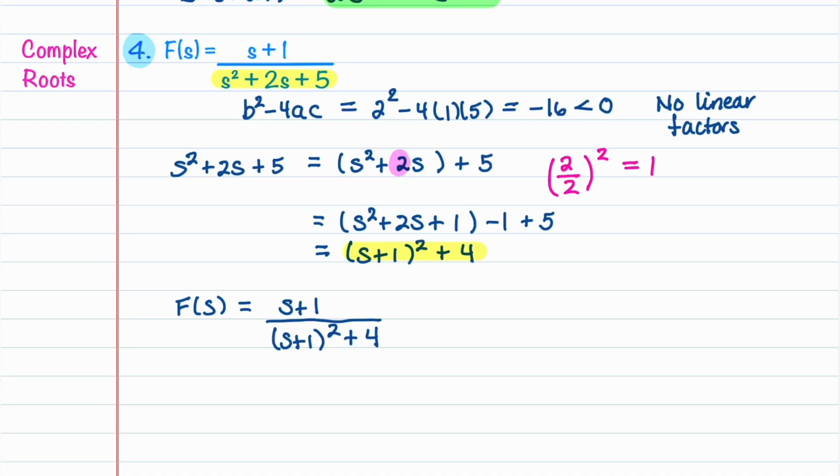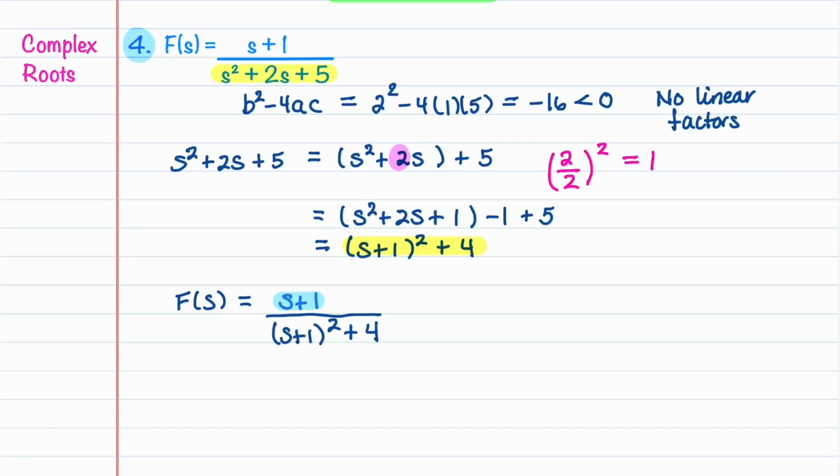Now we need to see what formula in our table this matches up with. Notice that we have an s plus 1 instead of an s. So before we go to look at our table, let's write down what this would look like without that shift. We're going to write down capital F of s is equal to s all divided by s squared plus 4.